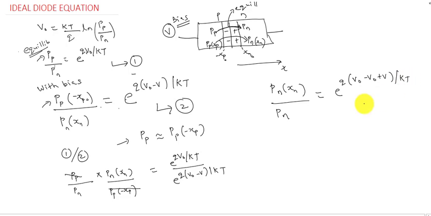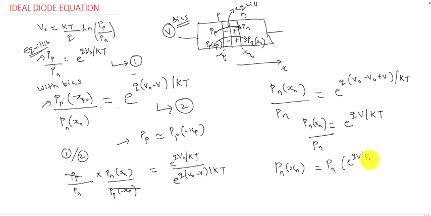The right side will become e raised to qV by kT, that is Pn of Xn divided by Pn is equal to e raised to qV by kT, or we can write Pn of Xn is equal to Pn into e raised to qV by kT.